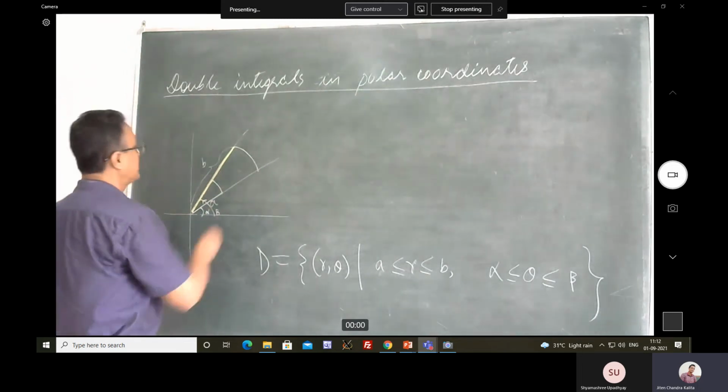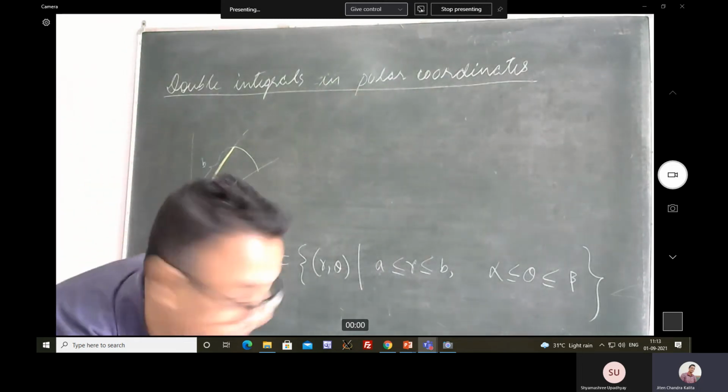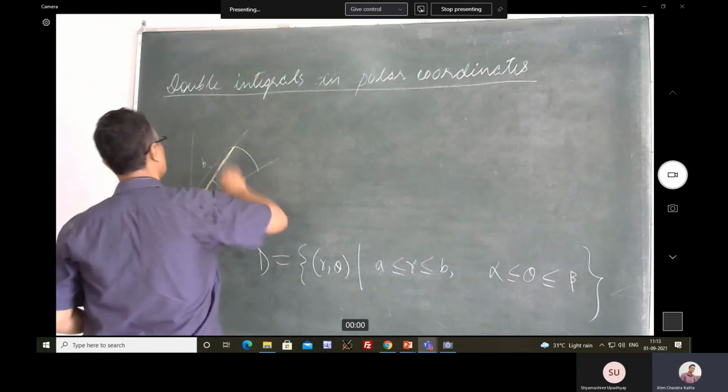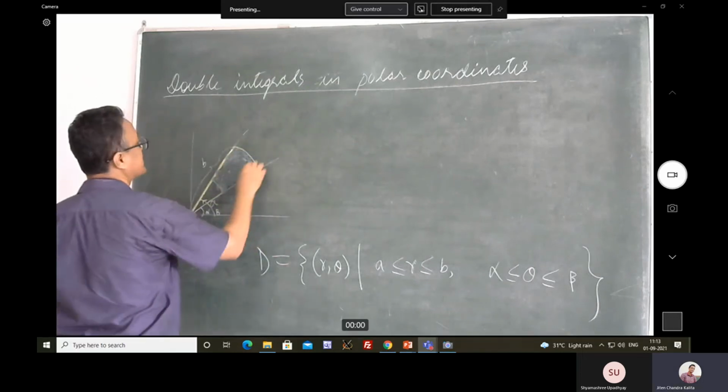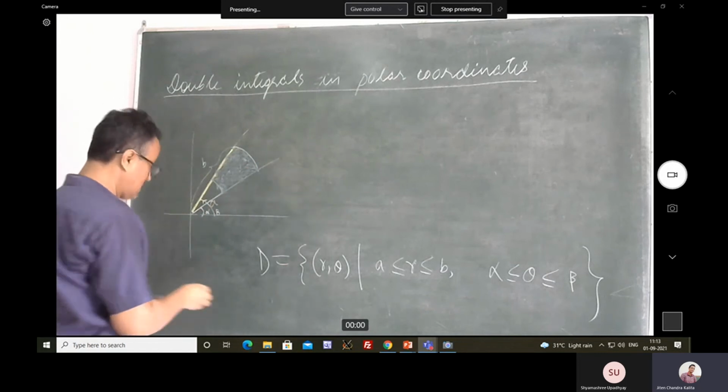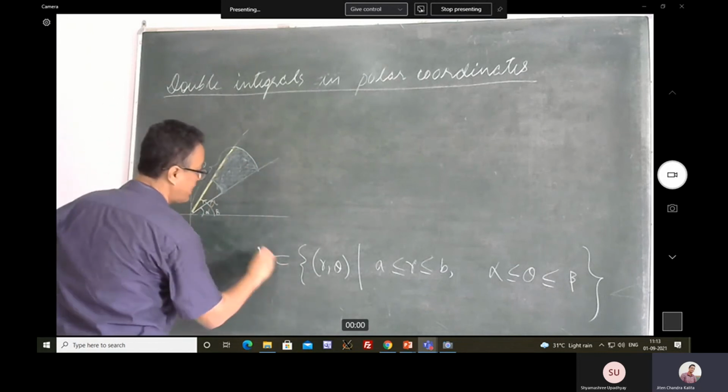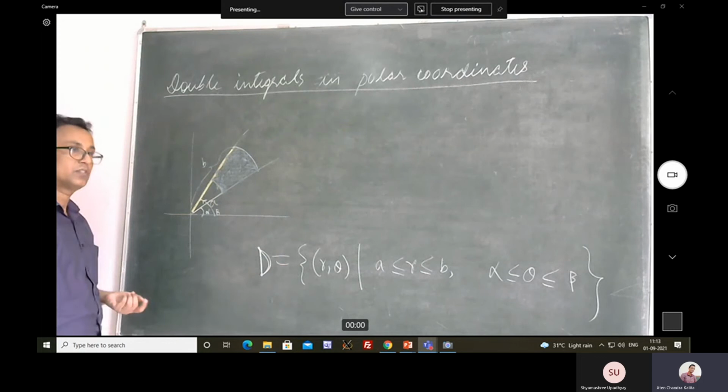Then this bluish shaded region is nothing but the domain D.